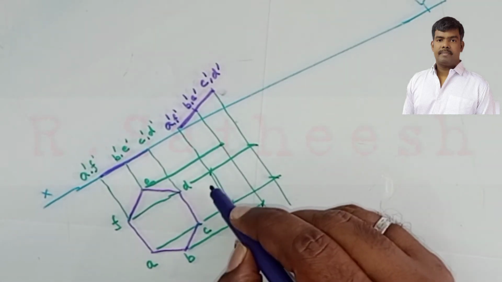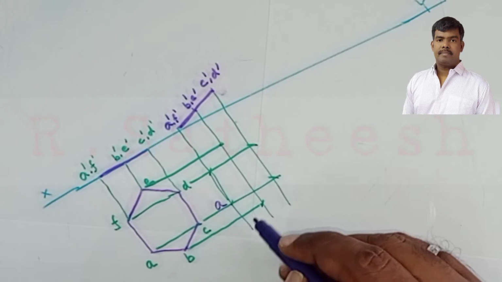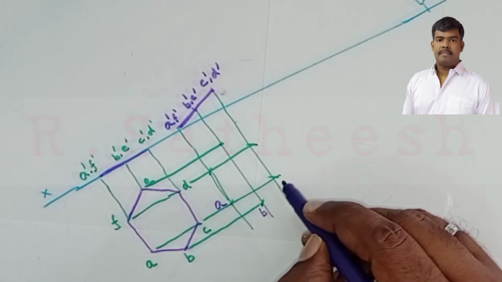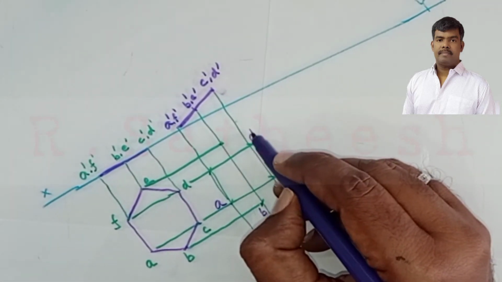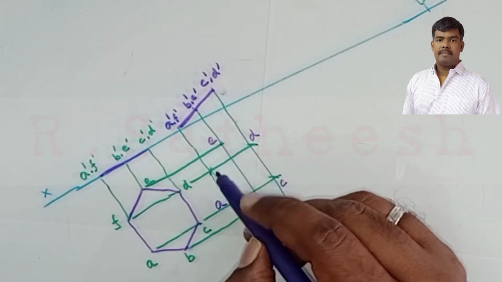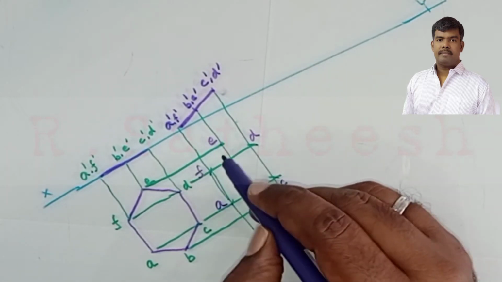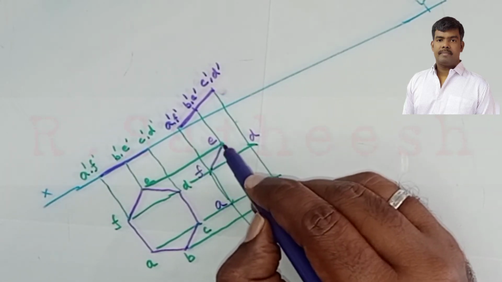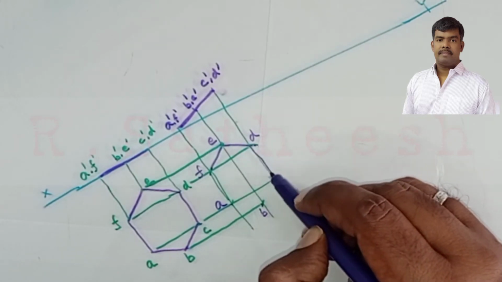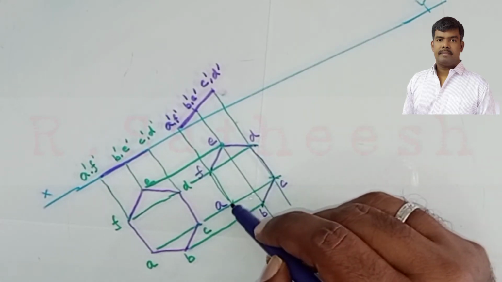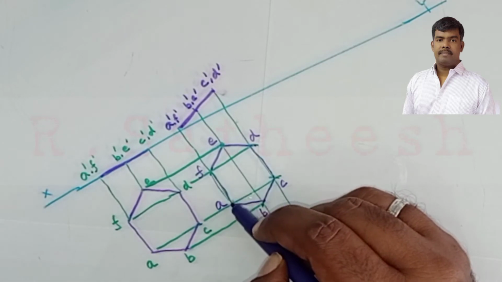Clear? So A, B, C, D, E, F. You join all the points and we get the A, B, C, D six-sided polygon.